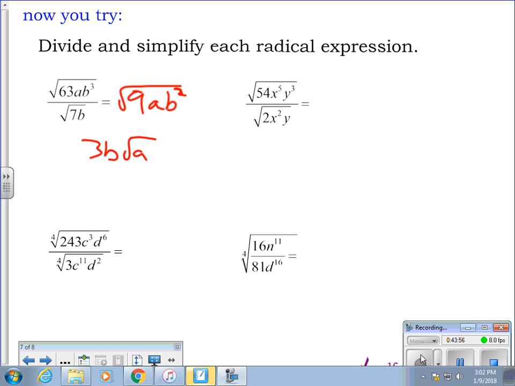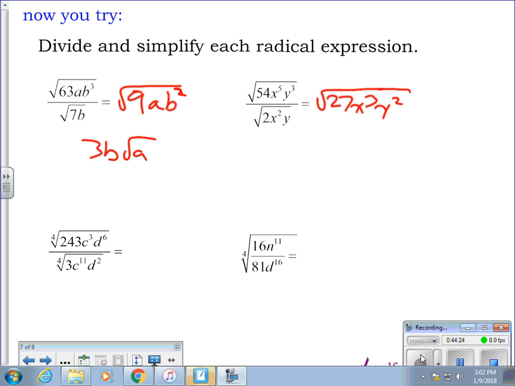Okay. Second one, same idea, do the same thing. 54 divided by 2 is 27. Square root of 27. X to the 5th divided by x squared is x cubed. Y cubed divided by y is y squared. Okay. Square root of 27 is square root of 9 times square root of 3, so I get 3 root 3.